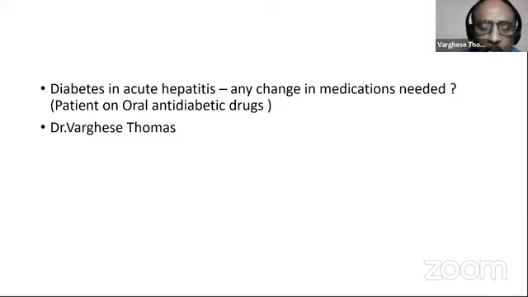A person with acute viral hepatitis has a lot of problems due to nausea, vomiting, and possibility of not eating well. So even though he has not gone into very severe hepatitis, still there is a risk of hypoglycemia. So I would rather stop the oral anti-diabetic drug for a while and keep him under monitoring. There is no urgency to continue the same dose of oral hypoglycemic.